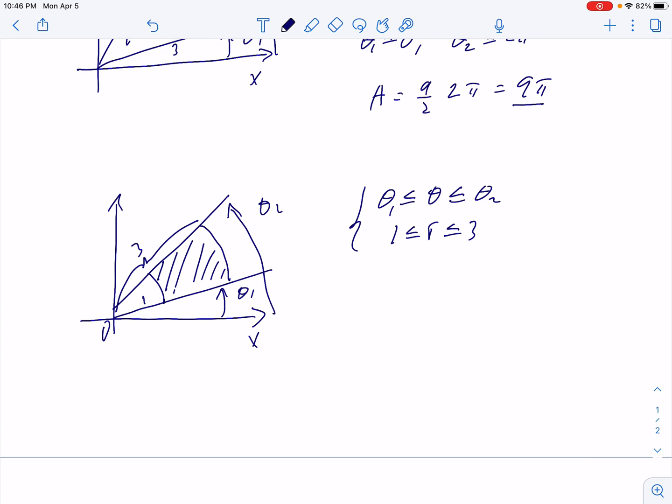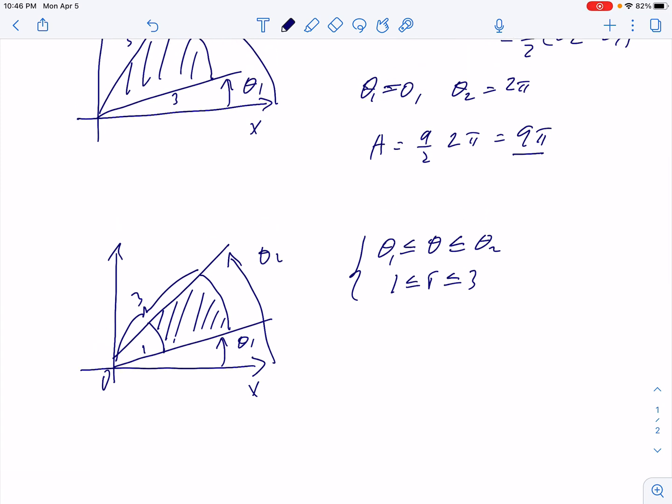This is our region. We can find the area by writing difference of two areas. The sector that we did before in the previous example minus the smaller sector with radius 1. So the area will be, I shall write the general formula first, 1/2 integral theta 1 to theta 2 of 3 squared d theta minus 1/2 integral theta 1 to theta 2 of 1 squared d theta. So the first area we already computed.